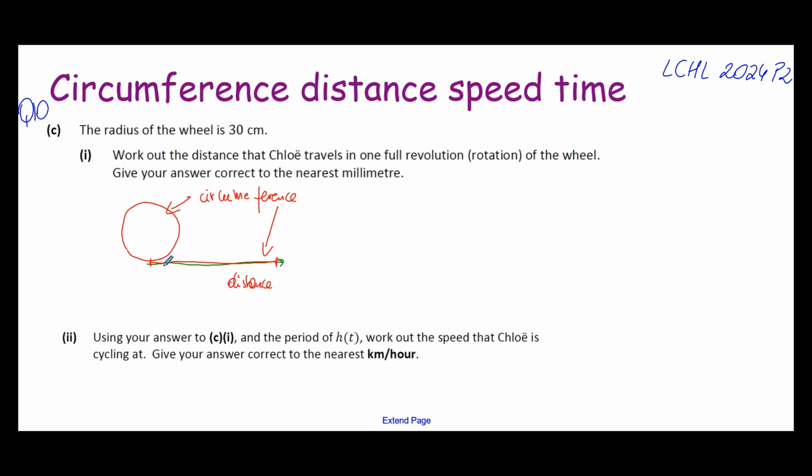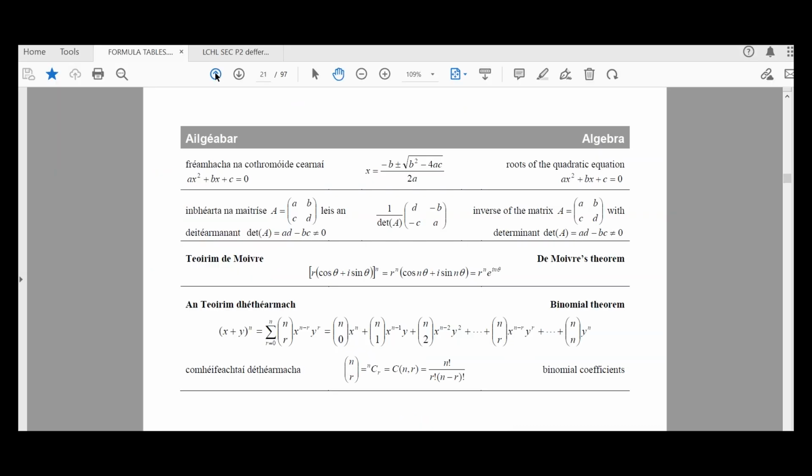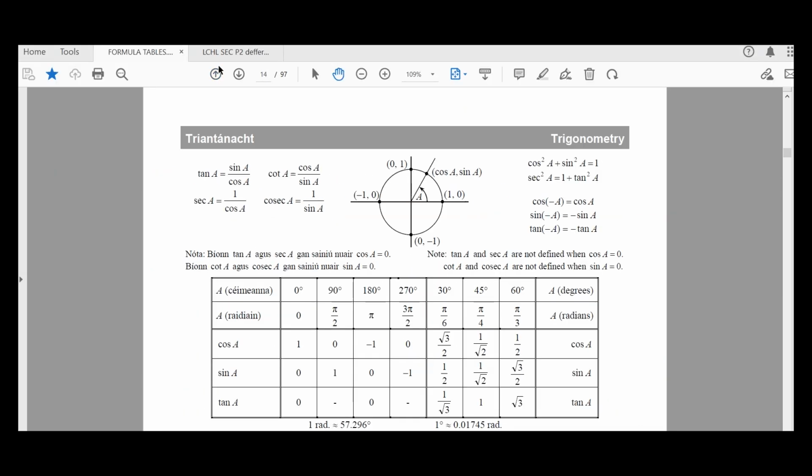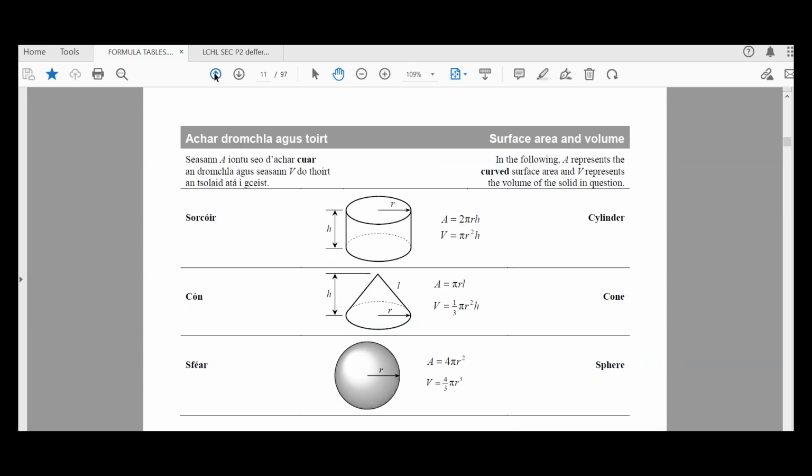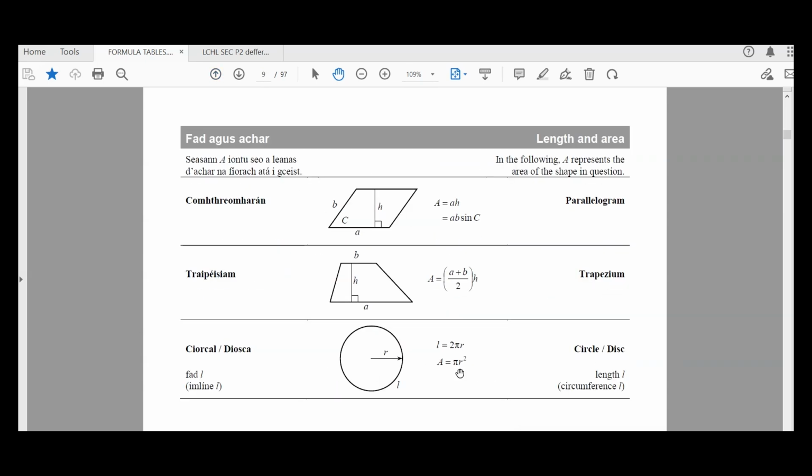So here we have to calculate the distance she traveled. Basically, we have to calculate the circumference of the circle. And how do we do that? We go to our table and find the formula where the circle is at the beginning. There it is. Here we have the length of the circle, the circumference, and it is 2 pi r.